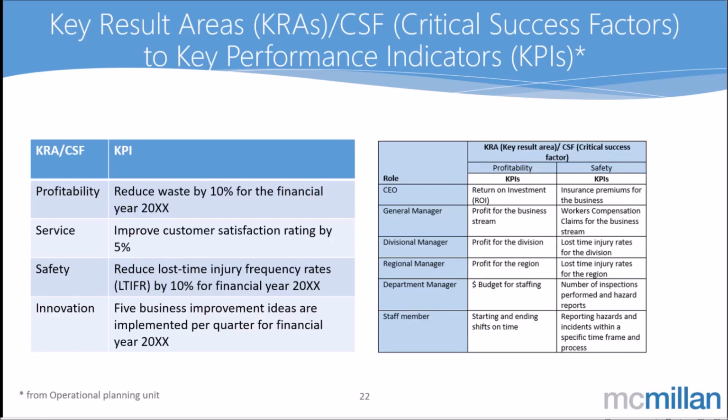And of course, the other thing that I wanted to raise here is something that we've touched on in previous units. Just to recap from, for example, the operational planning unit, where this was covered in quite a bit of detail, is making sure that we incorporate things such as our key result areas, our critical success factors, or our KPIs.